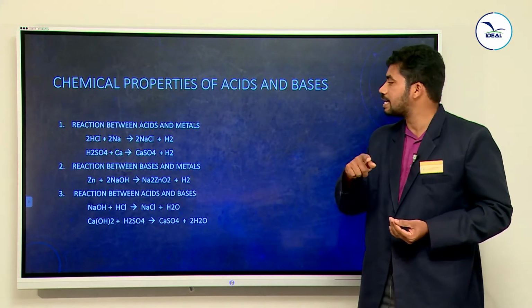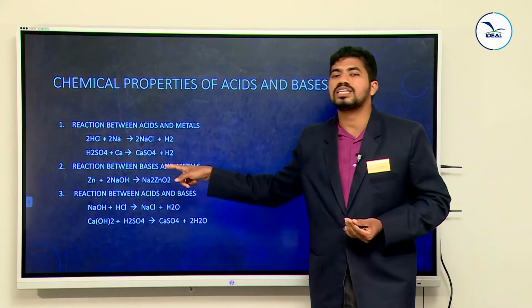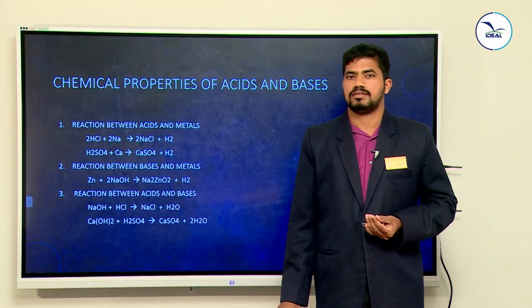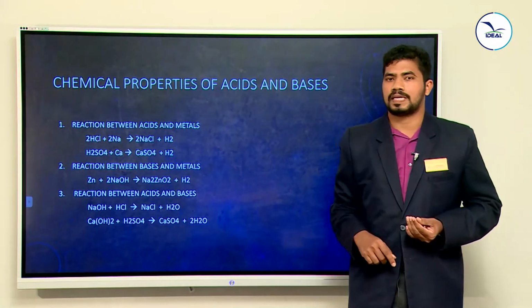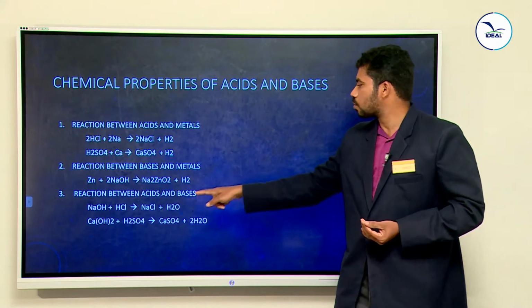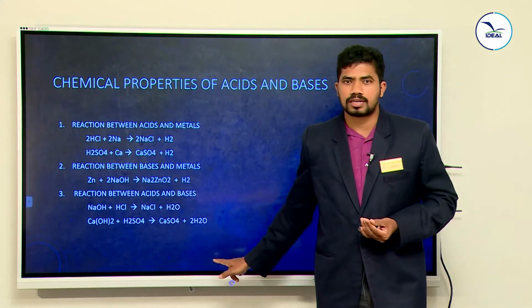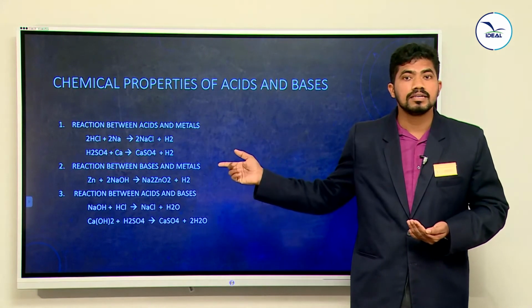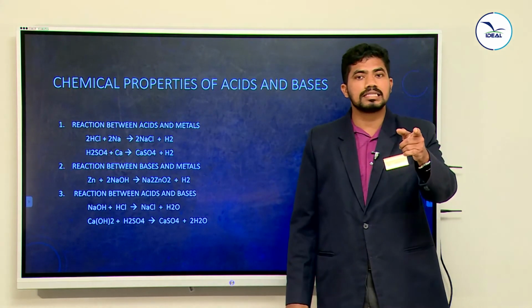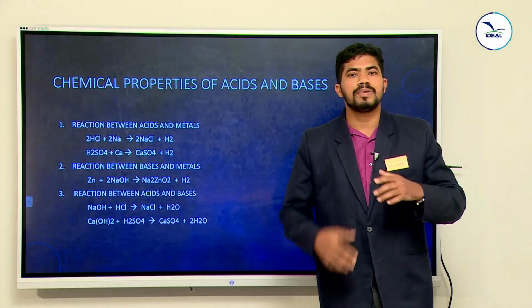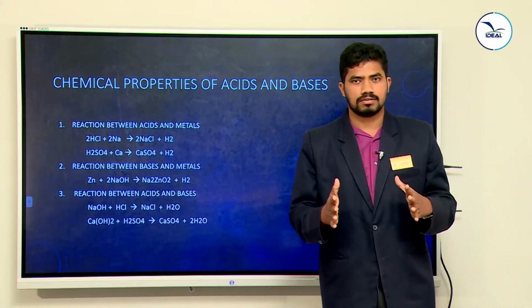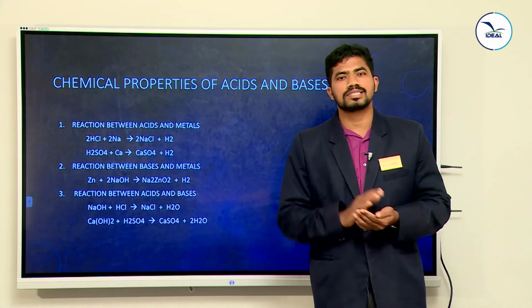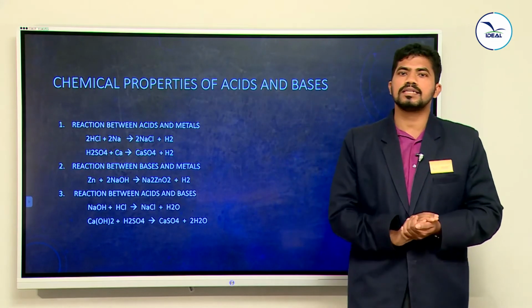In the same way, if you react calcium hydroxide and sulfuric acid, the same result happens. You will get a salt, calcium sulfate, and water. So this is the third chemical property, where you can see the acidic nature of acid and the basic nature of bases are lost. Such a reaction is called a neutralization reaction.